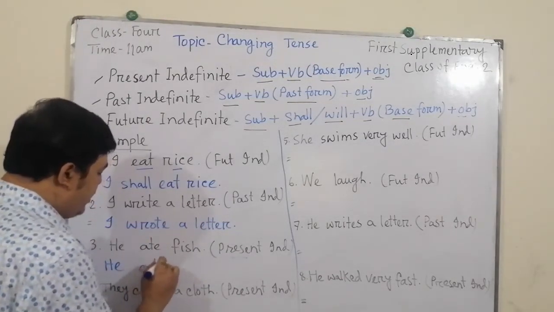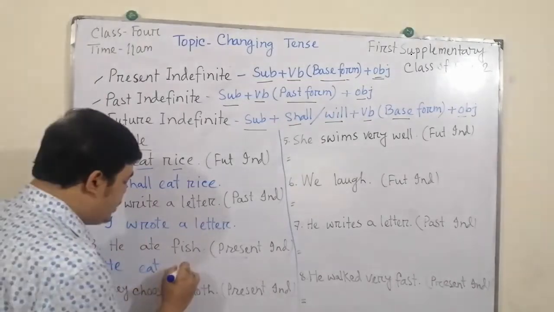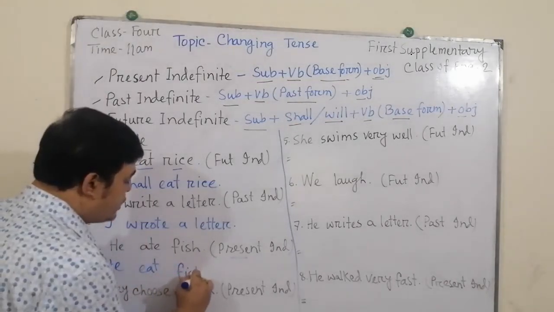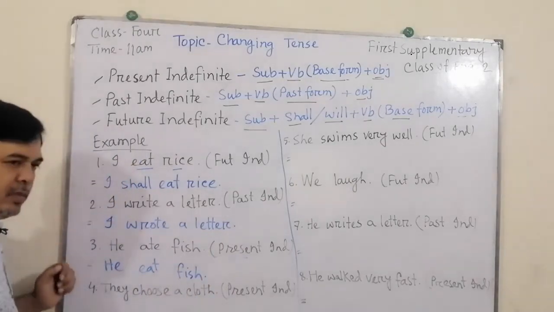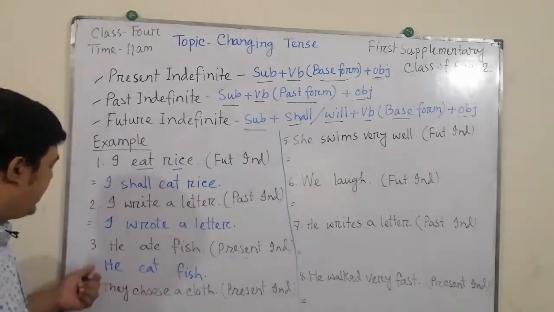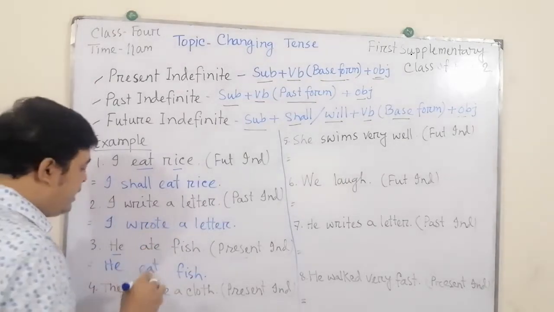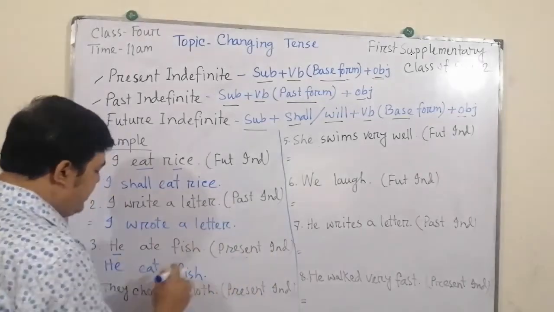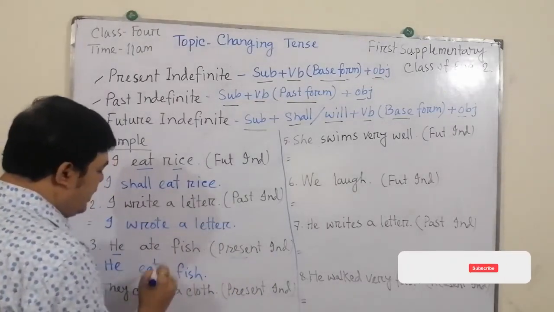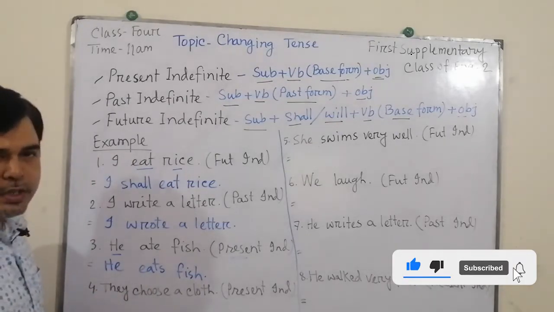The present form of the verb is eat, fish. But does it finish? No, there is a very important issue here. As this he is third person singular number and we are making present indefinite tense, we have to give an s with the verb. He eats fish.